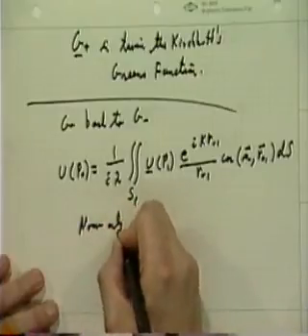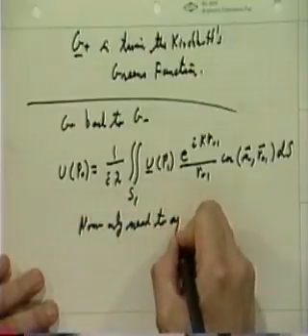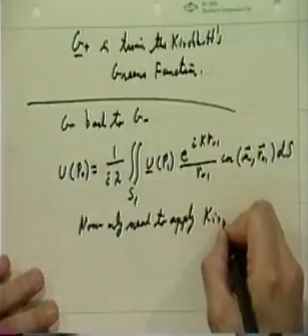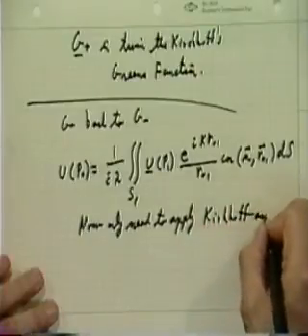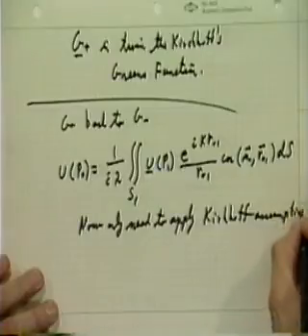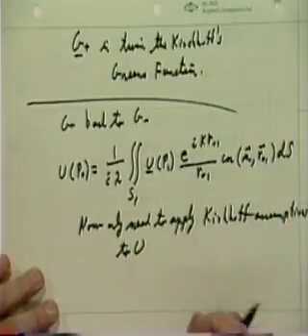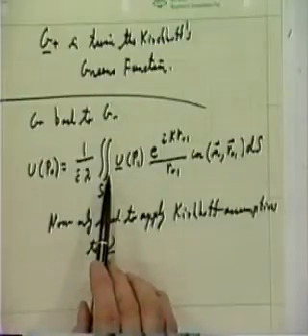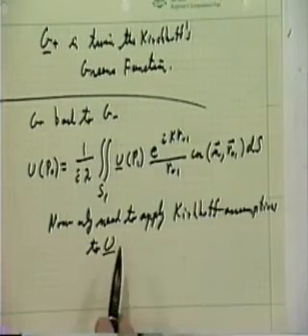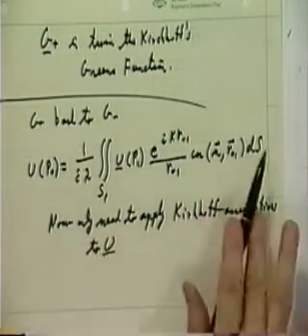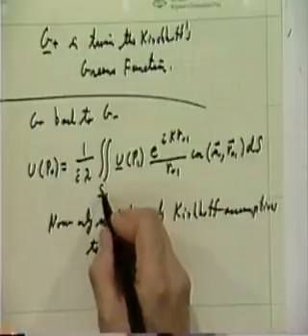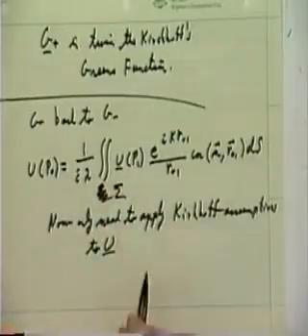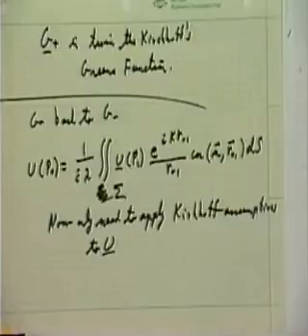So now we only need to apply Kirchhoff assumptions to U. And so what we will get when we apply those assumptions to U is this same equation, except it's just over the open portion of the aperture.